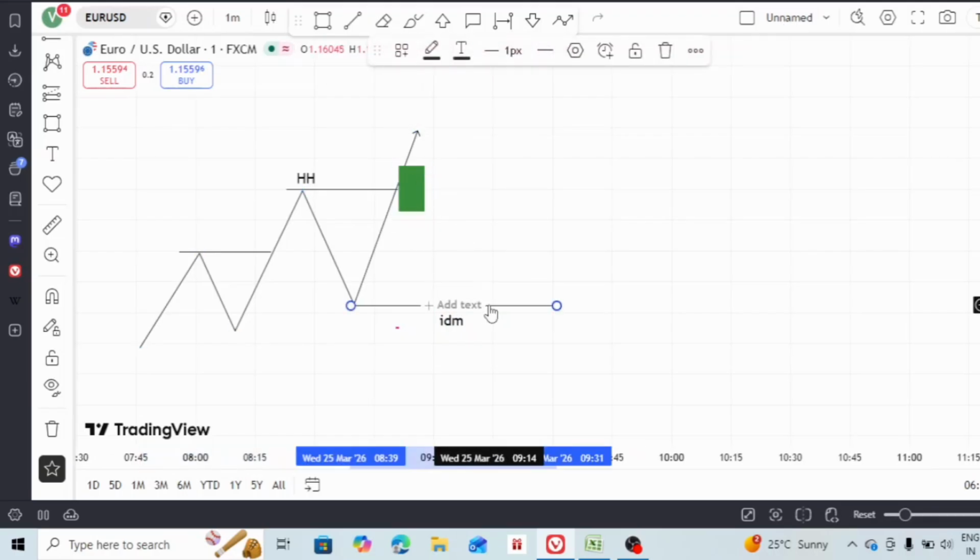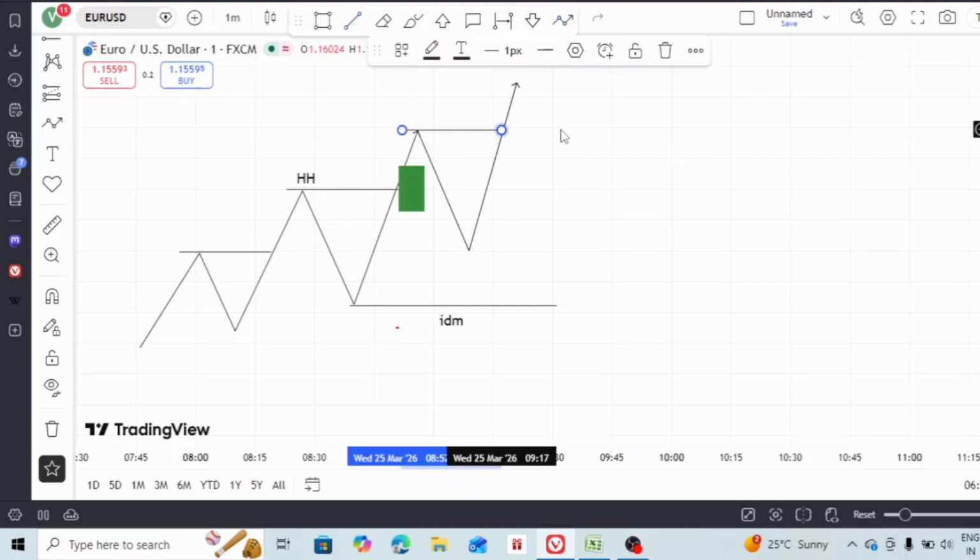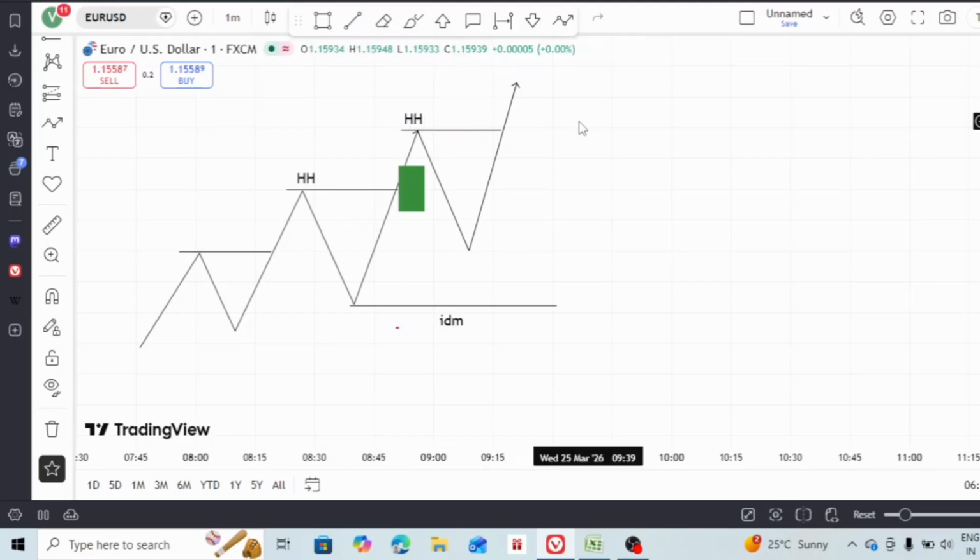So the market again went down and went up, and then this is our high level. So this is our higher high. If this level has been broken with the body again, then this will be our new higher high.